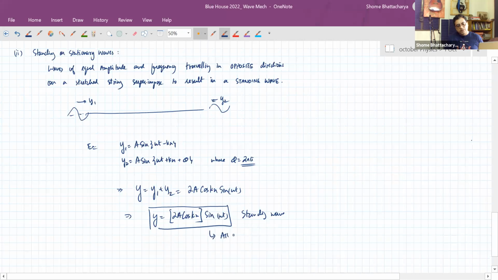So all medium particles are in SHM with frequency equal to omega by 2 pi. Okay, and position dependent amplitude, which equals to this term.